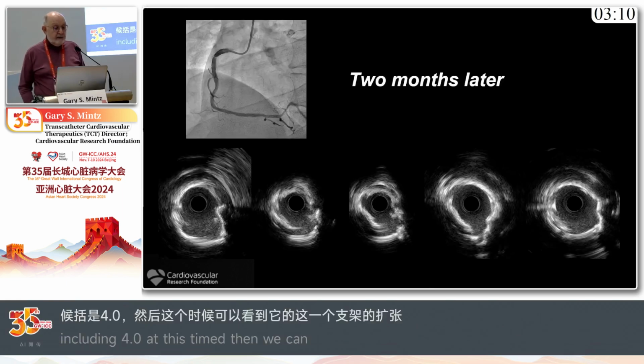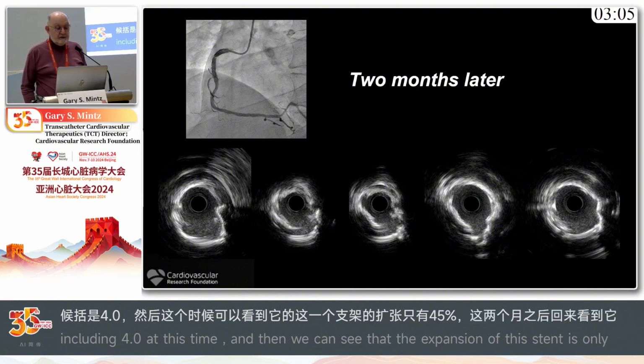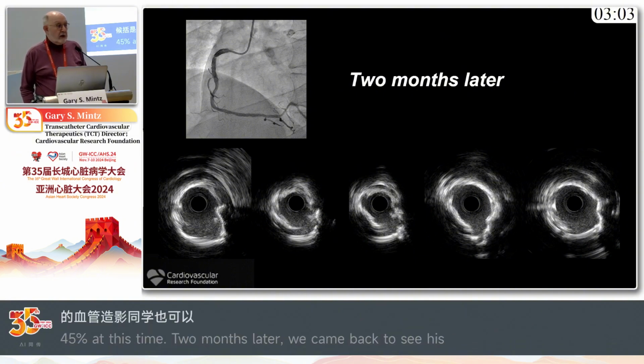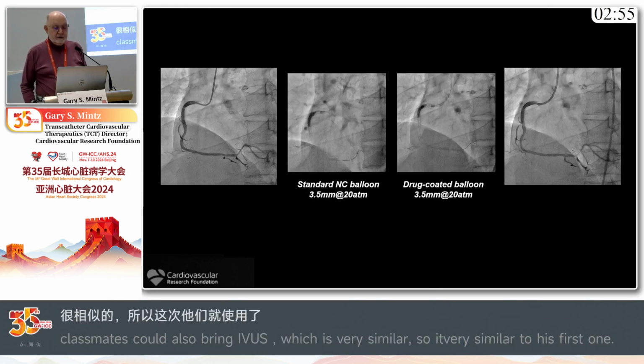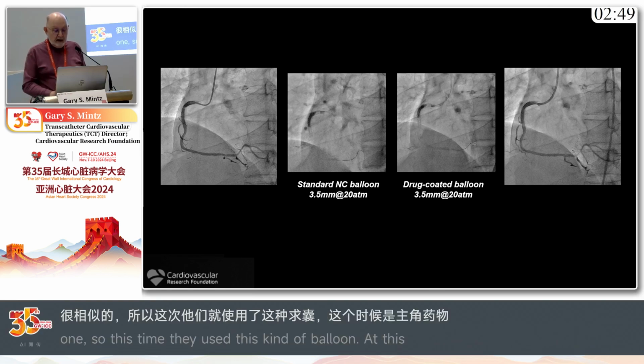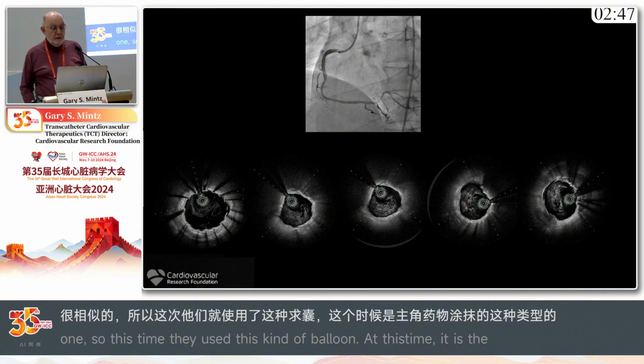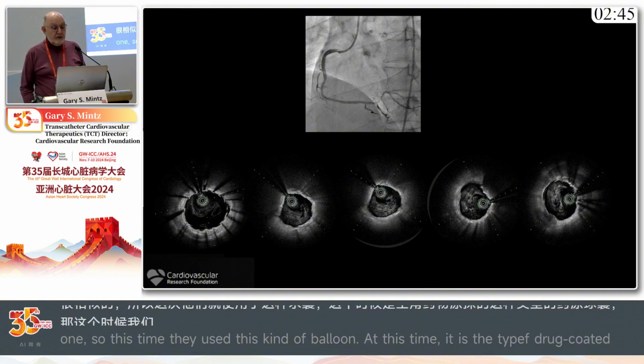2 months later, it's back. You can see it angiographically, and you can see that the IVUS picture is very similar to what it looked like the first time. So this time they used a drug-coated balloon, trying to find a different solution, a 3.5 drug-coated balloon at 20 atmospheres. The angiogram isn't quite as good as the first procedure, but the OCT actually looks reasonable.